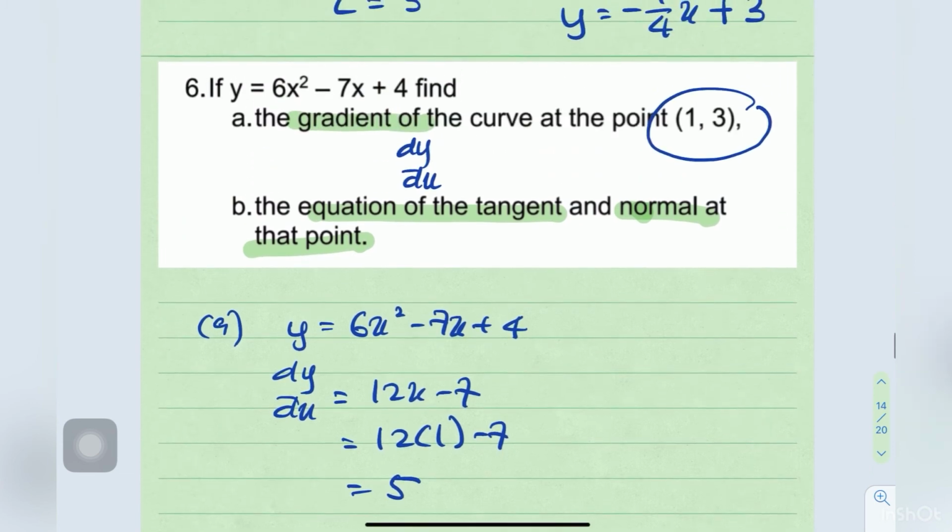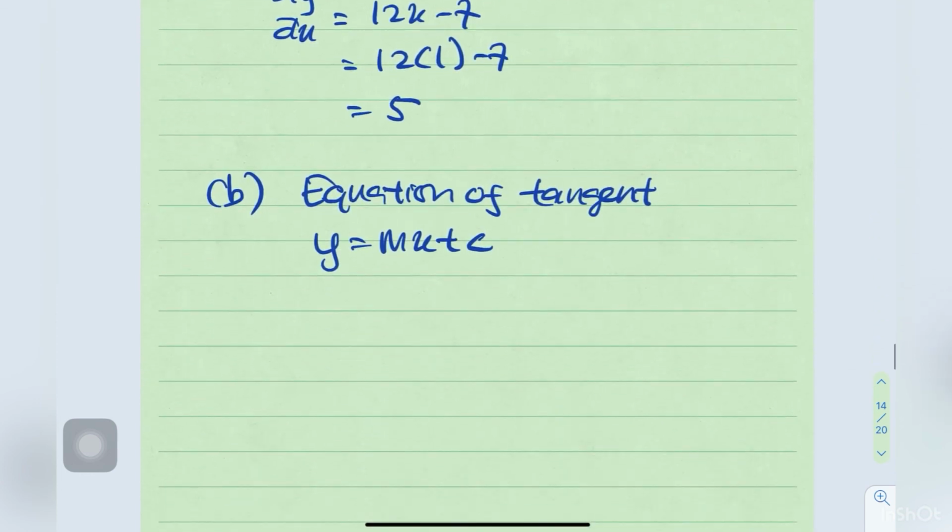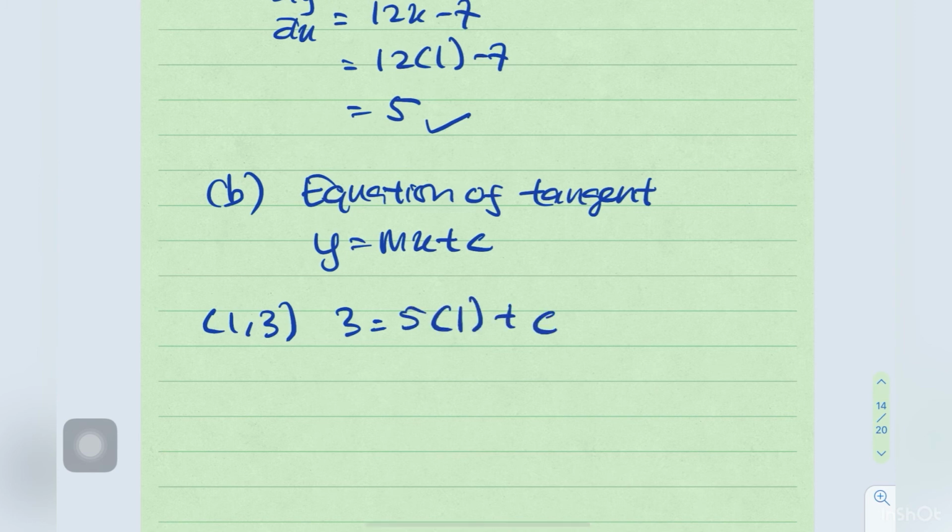Here we have coordinate 1, 3. So 3 equals to, m is gradient. Gradient is dy dx, 5. X is 1 plus c. So c equals to 3 minus 5 is -2. So therefore equation of tangent y equals to 5x minus 2.